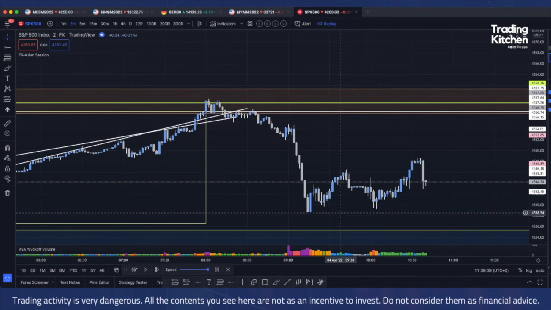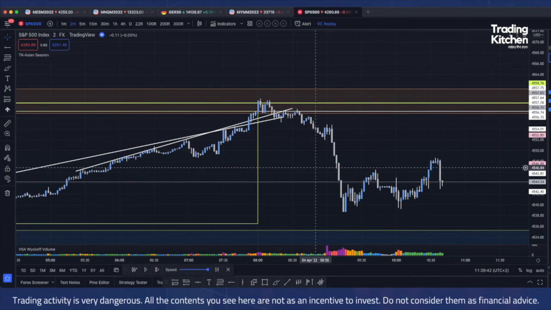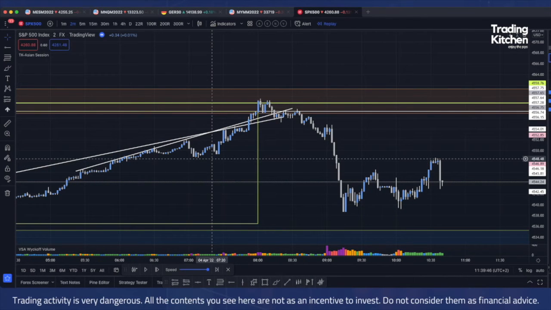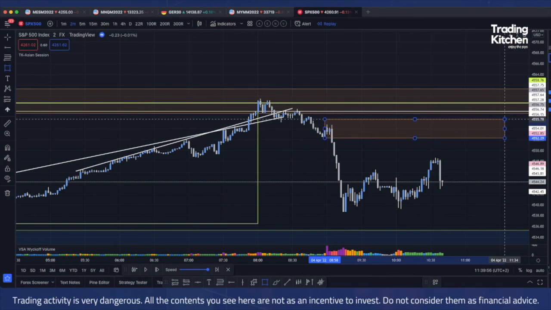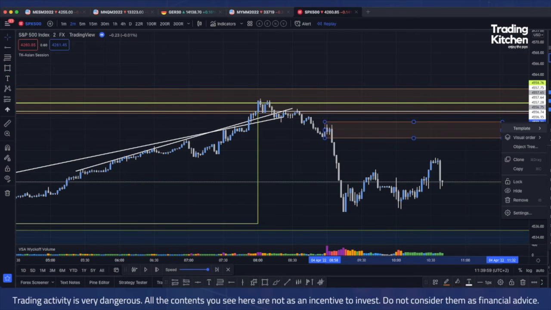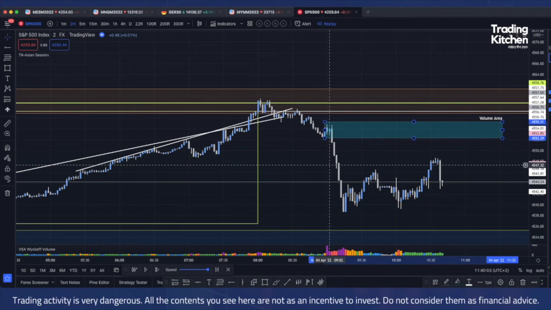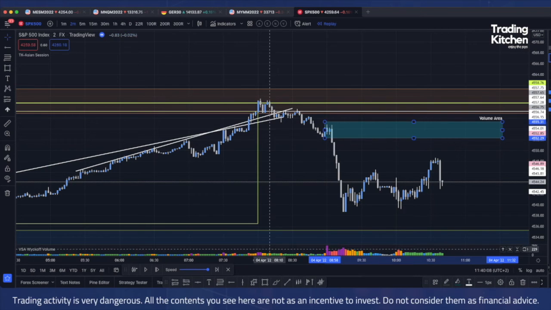And where is the zone from which the first breakout is going to be made? It is created here. So this is a good zone to re-enter the trade if we are still bearish. This is a volume zone that is also confirmed by this violet volume candle. By the way, this is a very good indicator, the VSA Wyckoff volume.